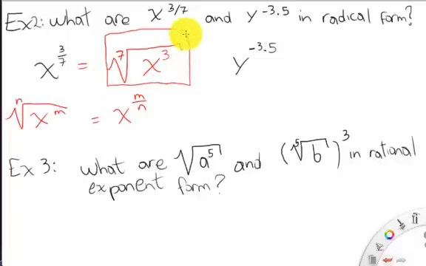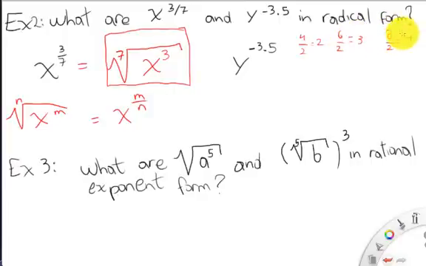This one is going to take us a little bit longer because we have to figure out what fraction gives us 3.5. After a little bit of thinking, you say, well, 5 divided by 2, 4 divided by 2 is 2, 6 divided by 2 is 3, 8 divided by 2 is 4.